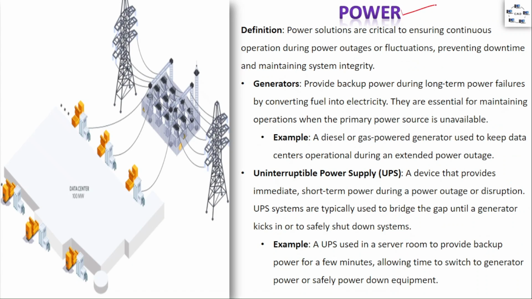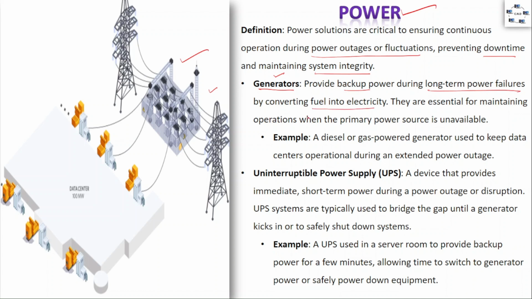So, what are some power considerations? Power solutions are critical to ensuring continuous operation during power outages or fluctuations, preventing downtime and maintaining system integrity. Power is very essential for the operation of a data center. And the power components include, of course, the power from the grid, but as a backup, you also need to have generators, which provide backup power during long term power failures by converting fuel into electricity.